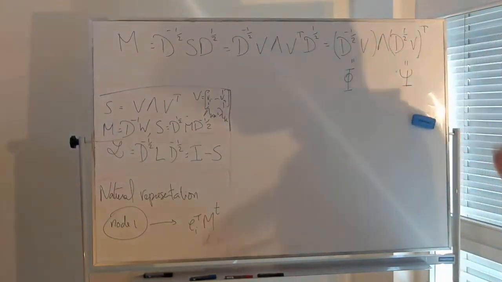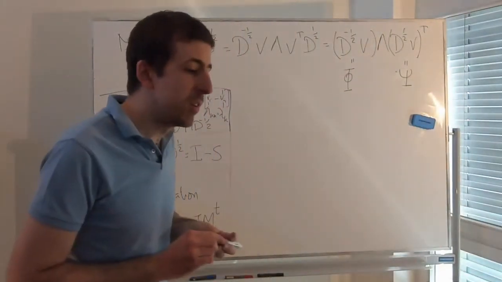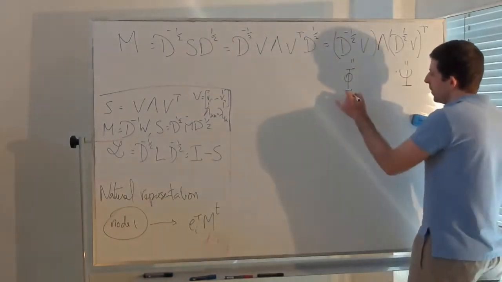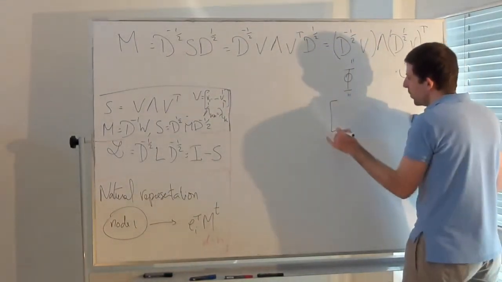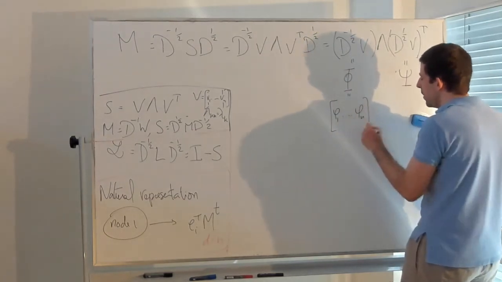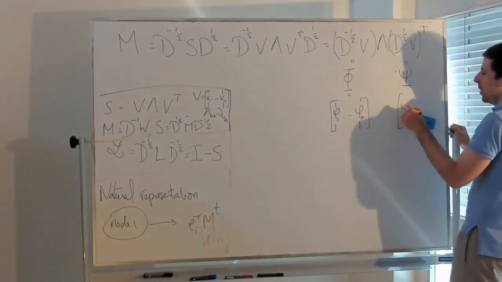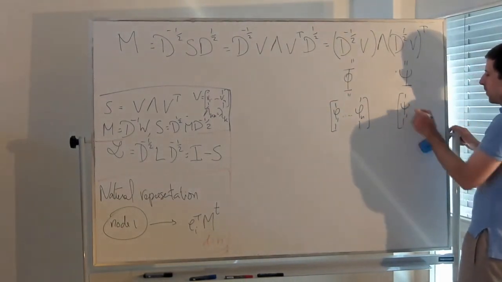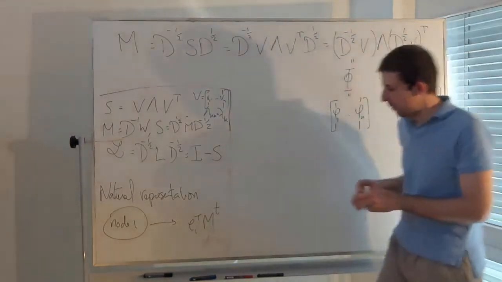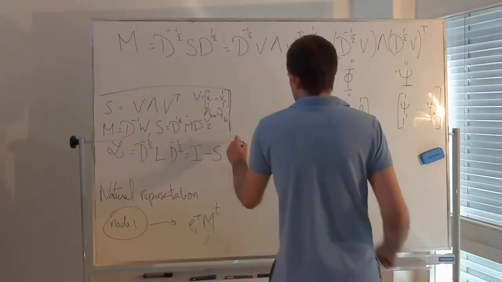They will have the left and right eigenvectors of M. Phi has columns phi1 through phin, and psi has columns psi1 through psin.